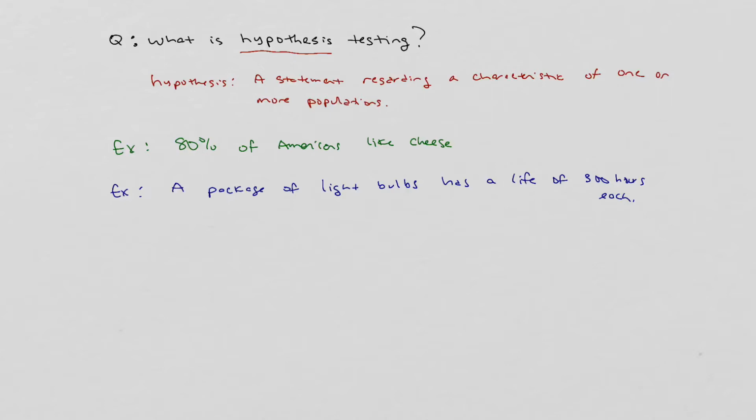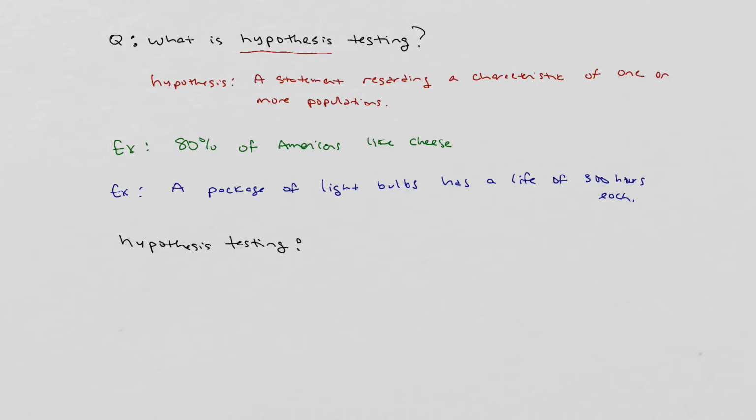So where we're going to start going in this particular section is what's called hypothesis testing. In other words, we're going to be testing these claims that various people or companies or media outlets are actually making.